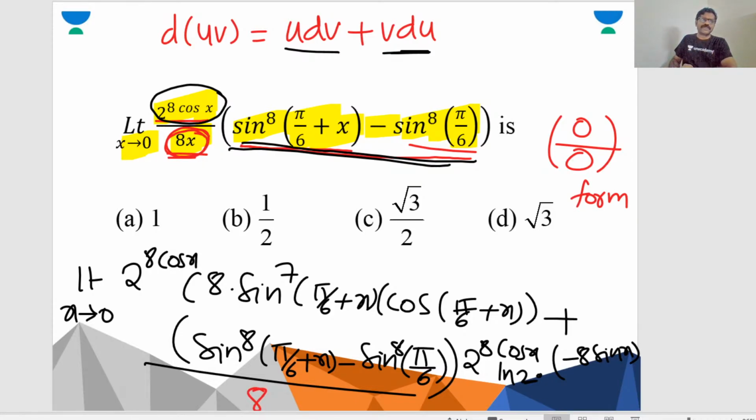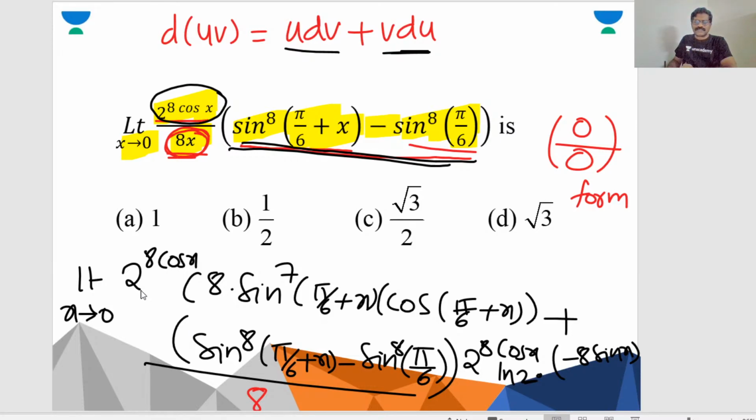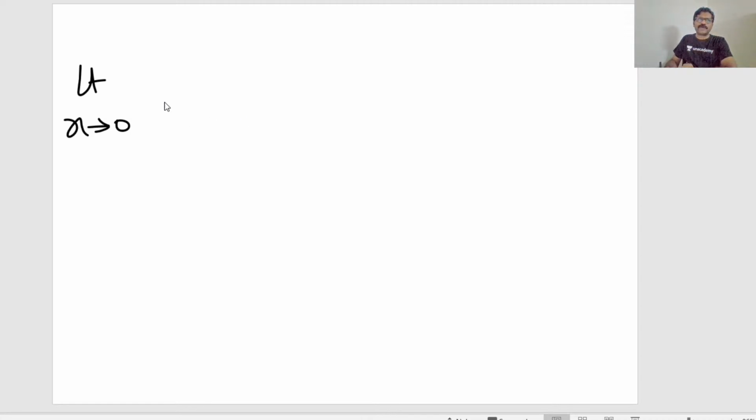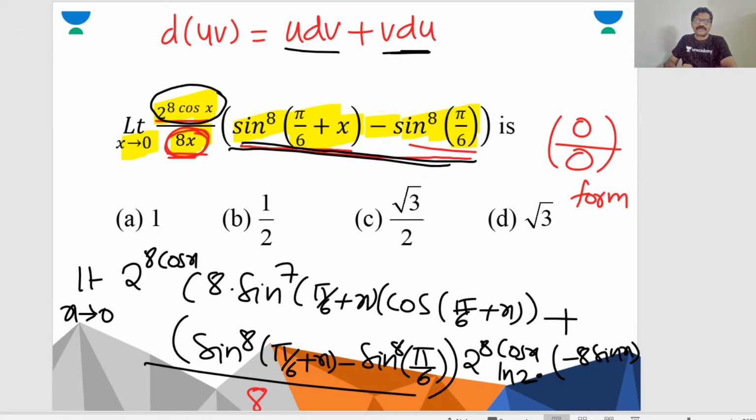Now, continuation. When x is tending to 0, limit x tends to 0, you got 2 power 8 cos x will become 2 power 8. When x is tending to 0, numerator 2 power 8 cos x will become 2 power 8.